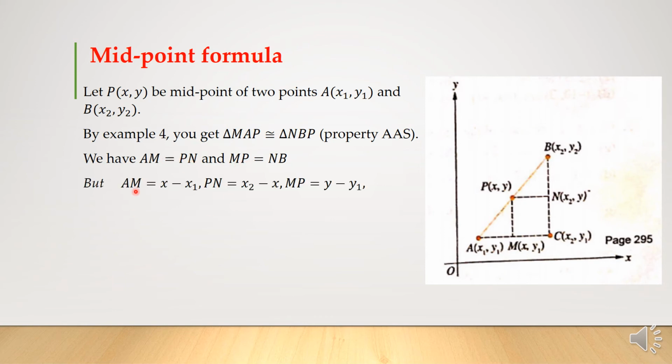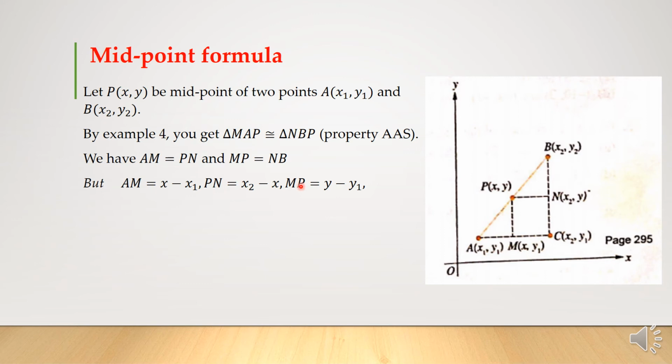Then we can write down the distance AM that equals h minus h1, yeah? For AM, the value y is the same, so you just take h minus h1, okay? And for PN here, you just take h2 minus h.